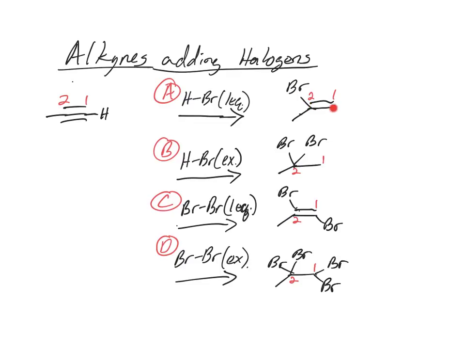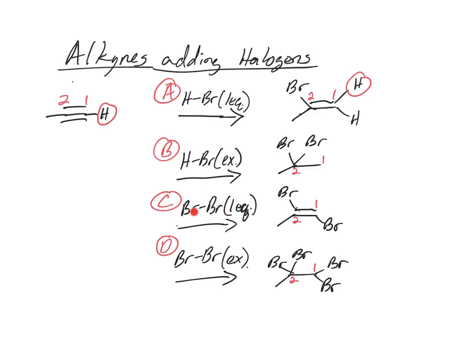Usually this bromine and whatever H we added would add trans. So if I circle this H, make it the red H, the H we added would be trans to the bromine. If there's excess, we just add two H's to carbon 1 and both bromines are added to the same carbon, carbon 2.